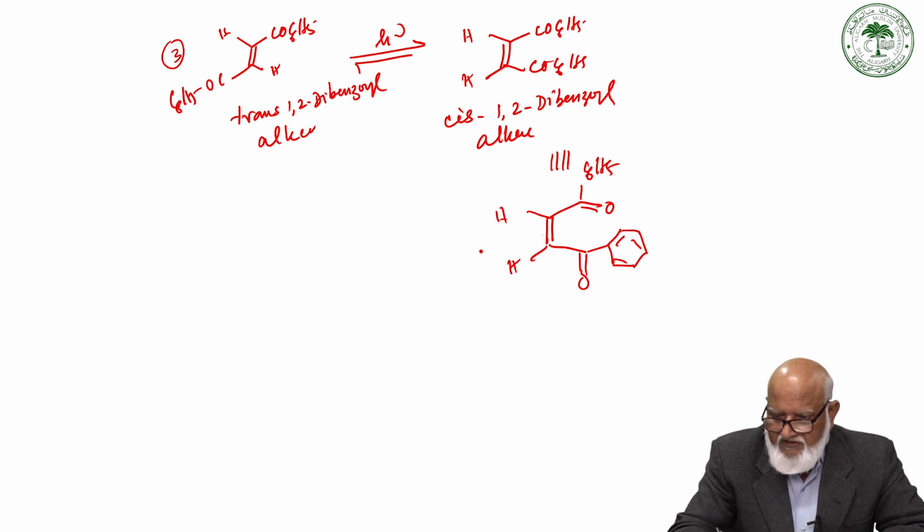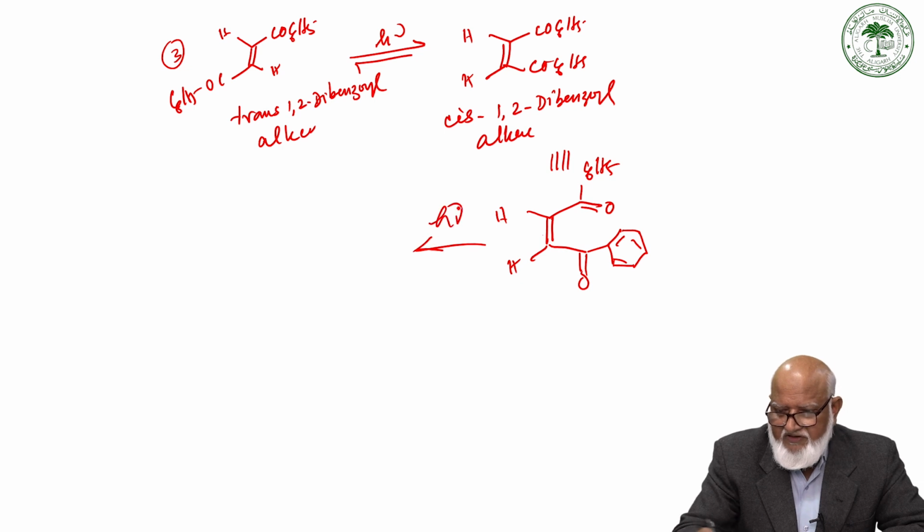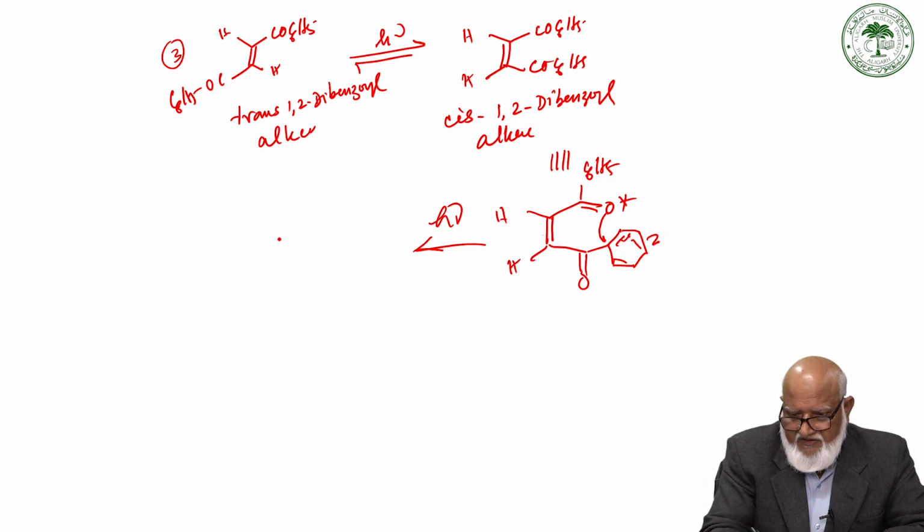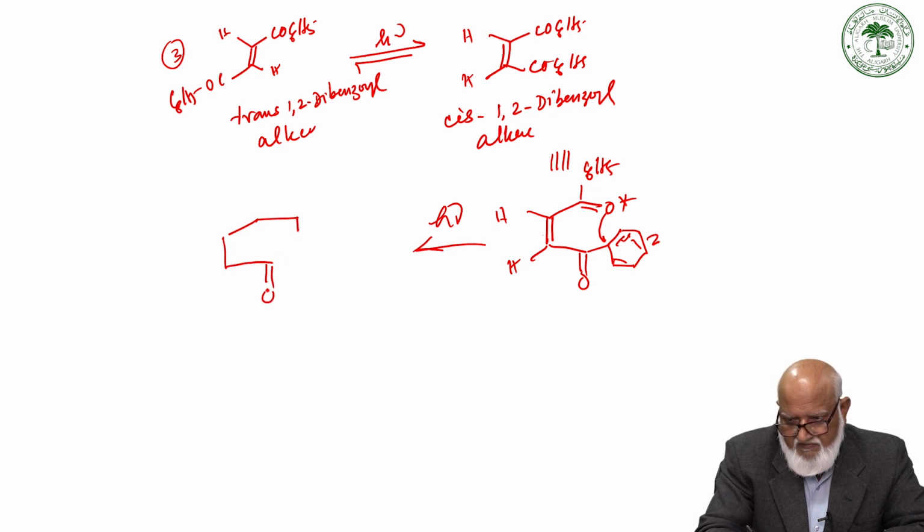So under photolytic condition, the excited carbonyl adds to this, and then we end up with a 6-member transition state. There is an oxygen here.